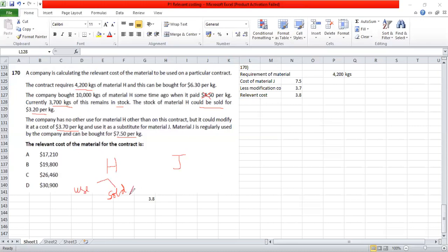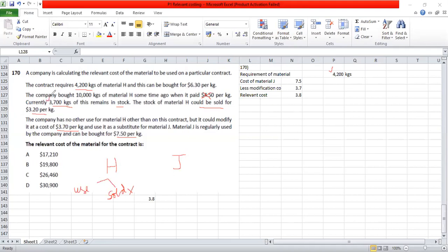This one will be cancelled off. So the option is for H should be used for the special contract. So the choice is H is used or J is used. Since selling it is not attractive because the price, which is 3.20, is much lesser, the option will be to use material H. But material H is not completely available. Their requirement is 4,200. Now, only 3,700 kgs of material is available with them.